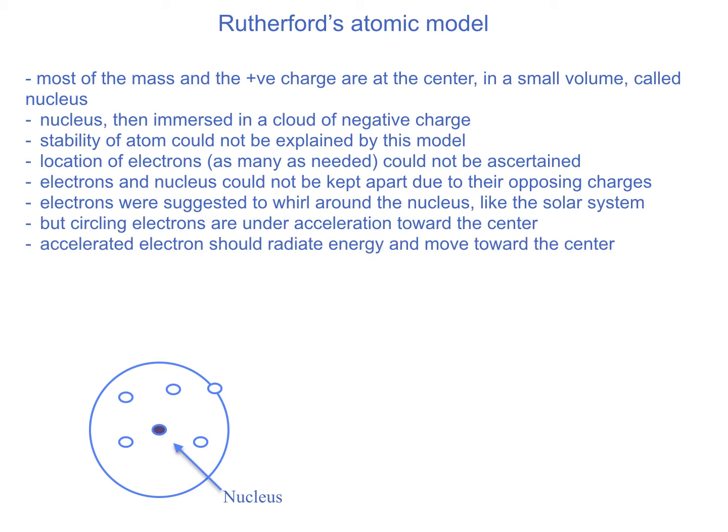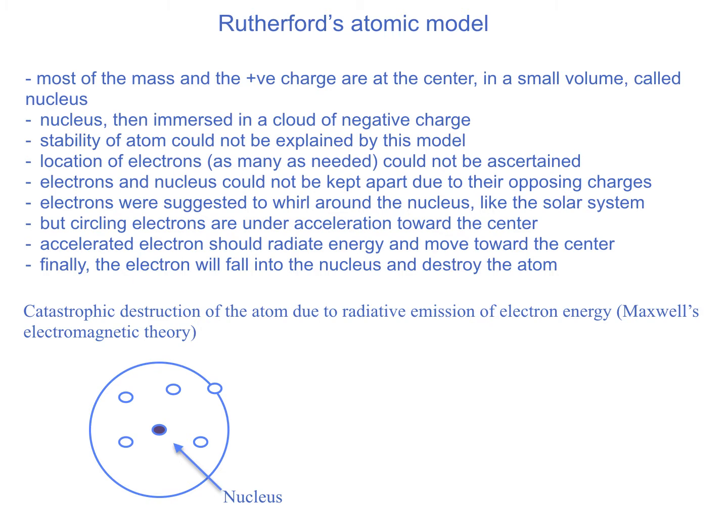As it loses its energy because of emission, then it will move closer to the center, and eventually the electron should fall into the nucleus and destroy the atom. So this is what is called the catastrophic destruction of the atom due to radiative emission of the electron's energy, as predicted by Maxwell's electromagnetic theory.